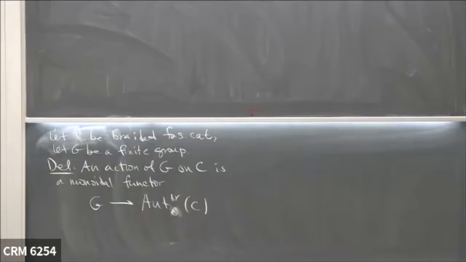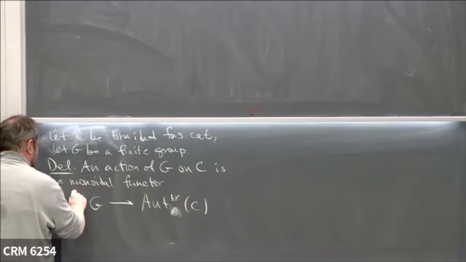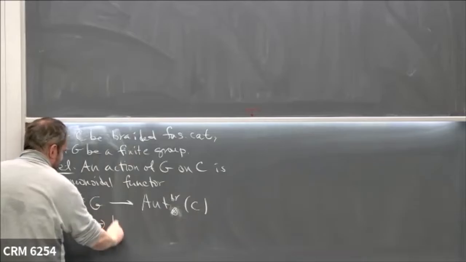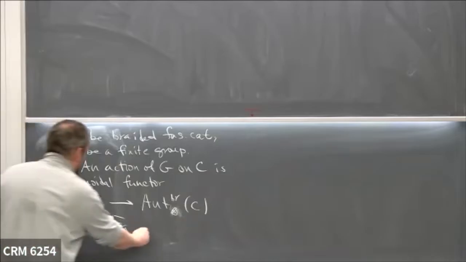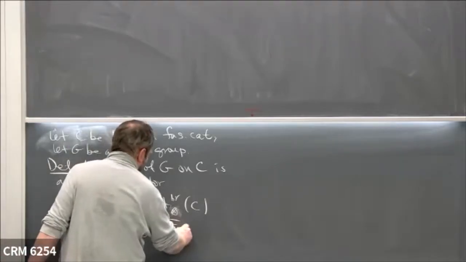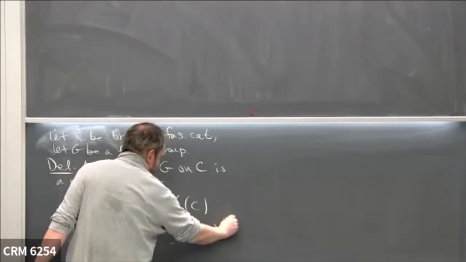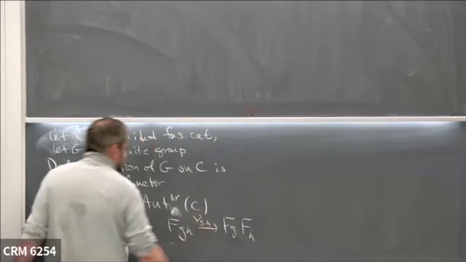It means that for every g, let's give this a name. Let's call it F_g. So to any g, we assign an equivalence F_g of C, and for any pair of elements of the group, we have a natural isomorphism of tensor functors.